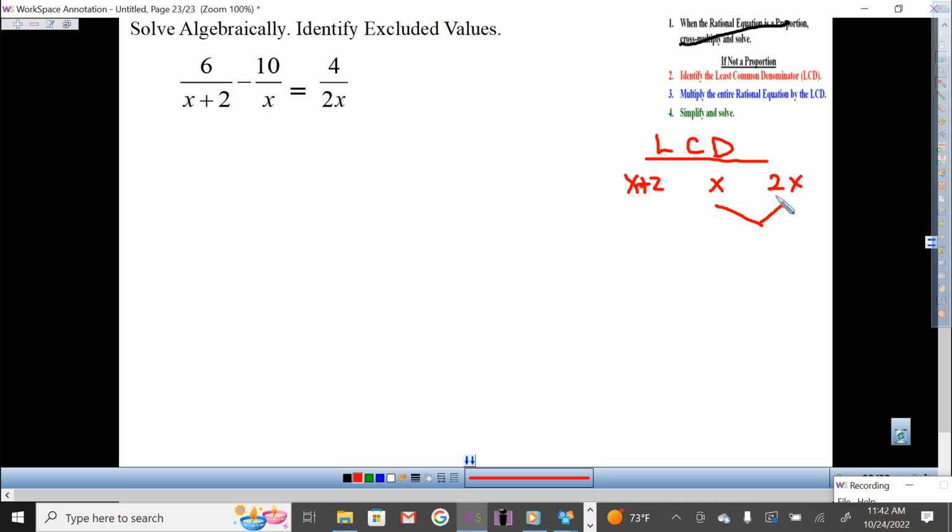To make these two look the same, what do I need to do to one or the other? You multiply it. Which one do you multiply? Times 2. Yeah, that is correct. So my common denominator for these two is 2x.